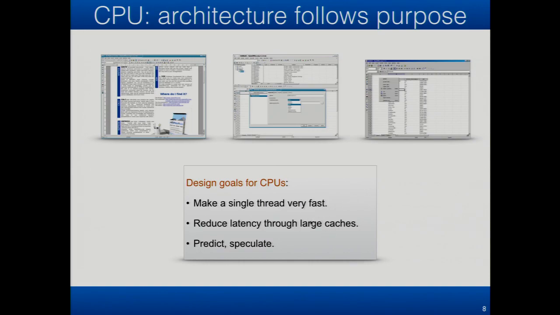We have always been faced with faster processors than memory. So as the curves of performance of processors and performance of memory diverged, CPU designs included a good amount of cache, ungodly amounts of cache, and special units on the device which are there to predict and speculate about what that thread's going to do next.